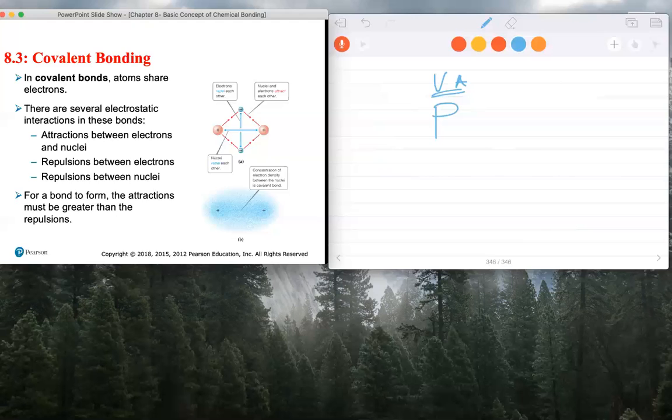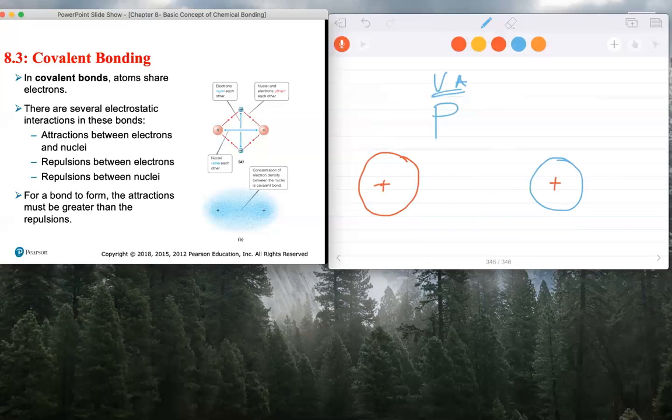How it works is what you want to visualize. If this is the nucleus with a positive charge, and this is another nucleus with a positive charge, these are the two atoms.